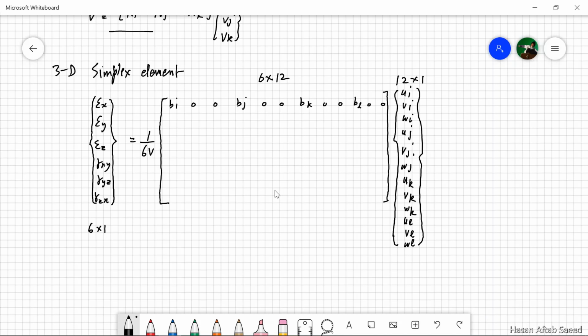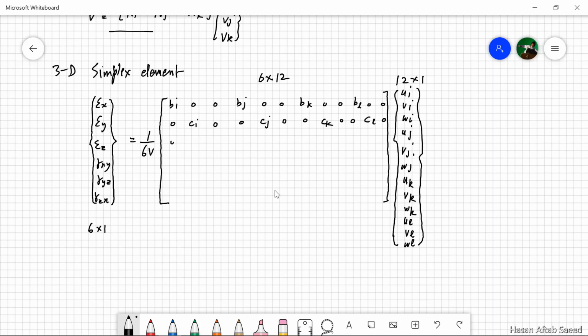In the next row we have 0 ci 0, 0 cj 0, 0 ck 0, 0 cl 0.